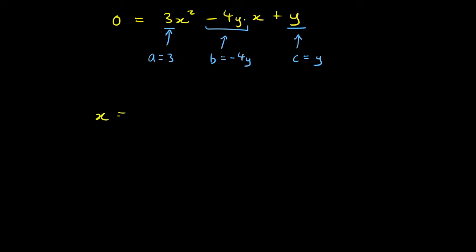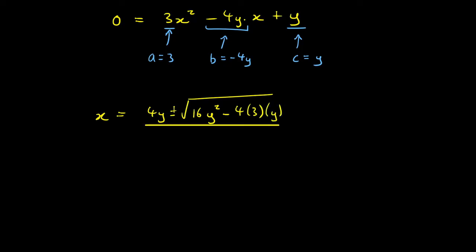So x is going to equal minus b, so it's minus negative 4y, which is 4y, plus or minus the square root of b squared, so that's going to be 16y squared, minus 4 times a, which is 3, times c, which is y. And this is all going to be divided by 2a, so dividing through by 6.